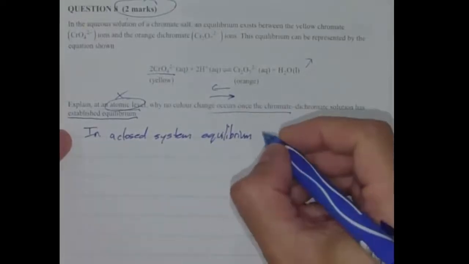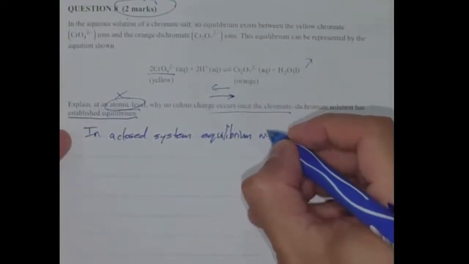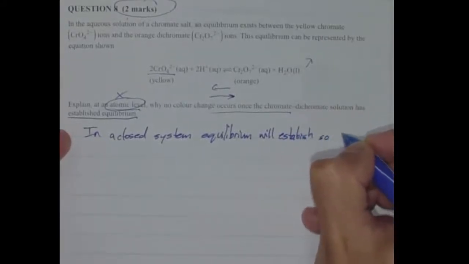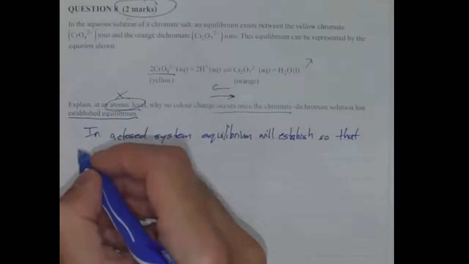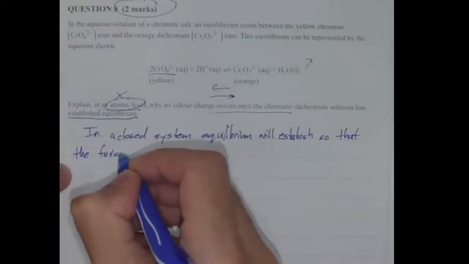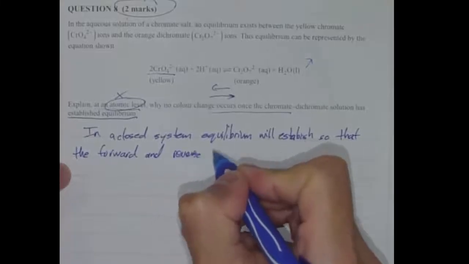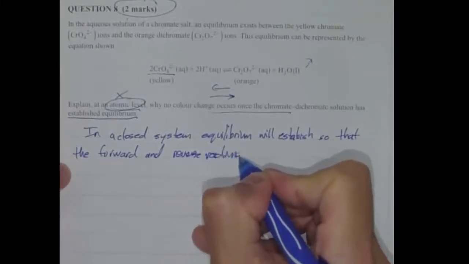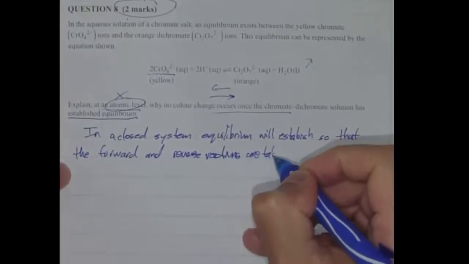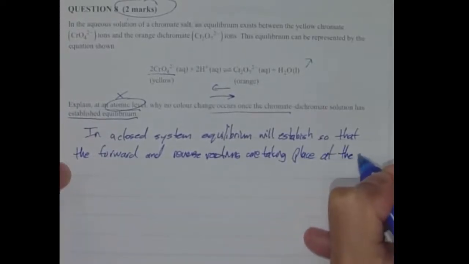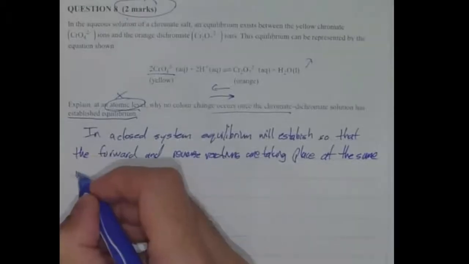In a closed system, equilibrium will establish so that the forward and reverse reactions are taking place at the same rate. Haven't got to the atomic level yet.